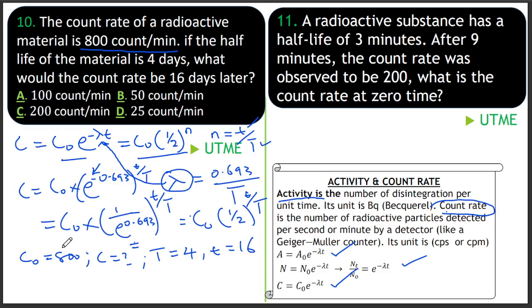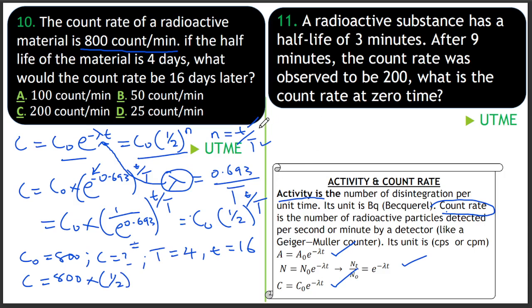Okay, so let's plug in the values we have. C, which is what we are looking for, is equal to 800 times 1 over 2, if we are using the formula, then raised to power n.